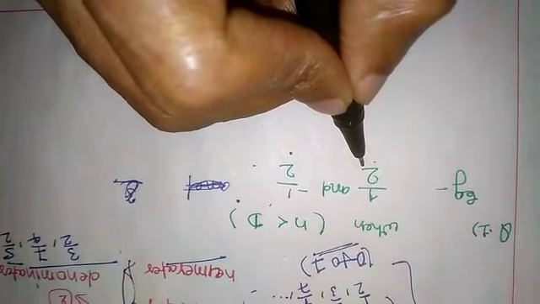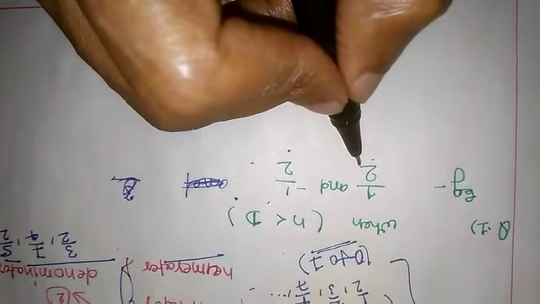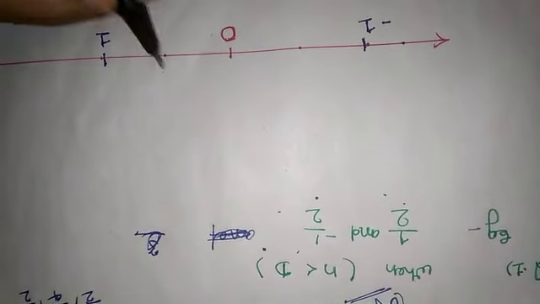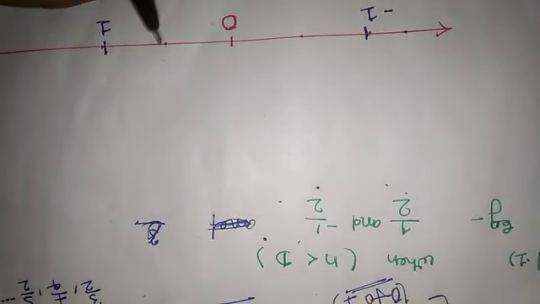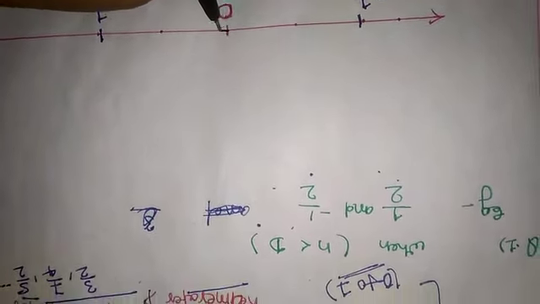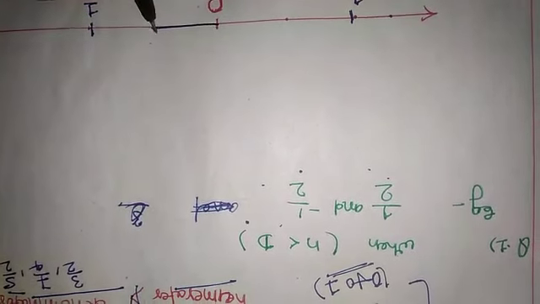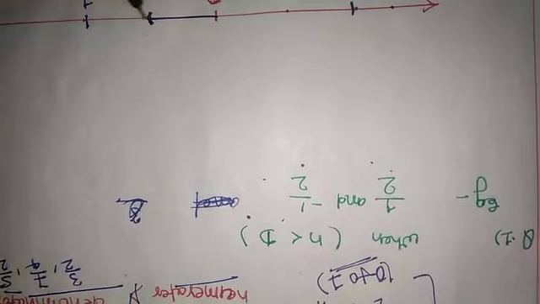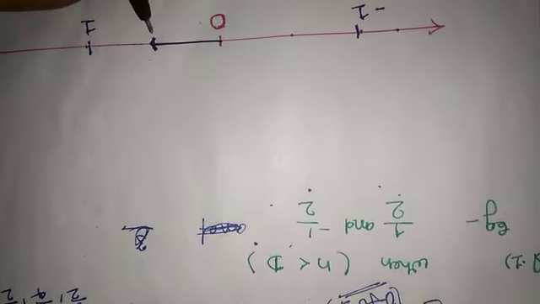And now we check the denominator. The denominator has two parts, so we divide this into two equal parts. This is one part and this is the second part.